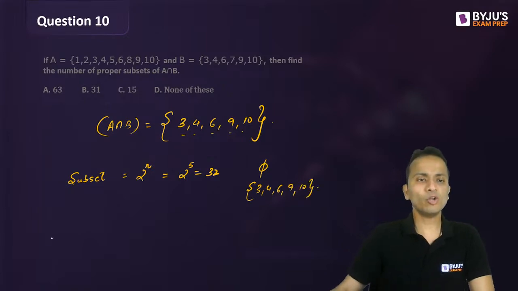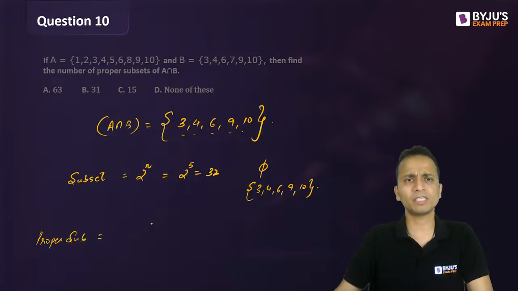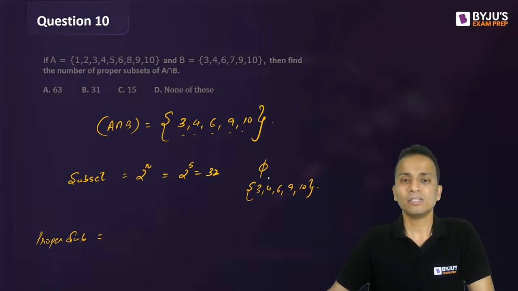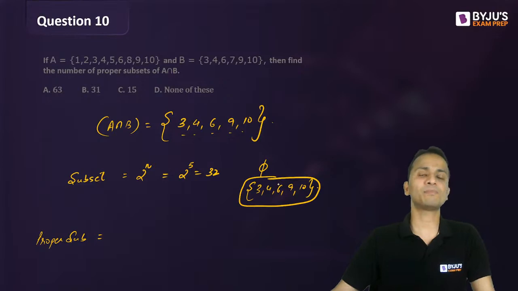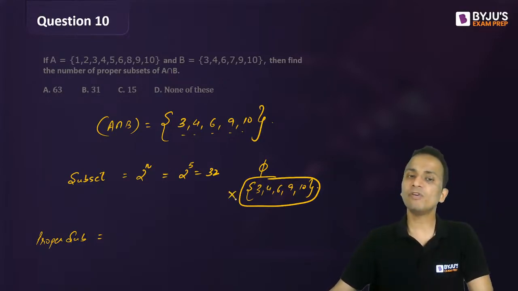Now, what do we mean by number of proper subsets? Number of proper subsets are those subsets of any set such that the set itself should not be the subset of that set. So one will be excluded.